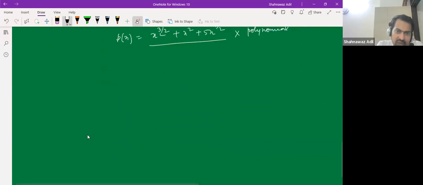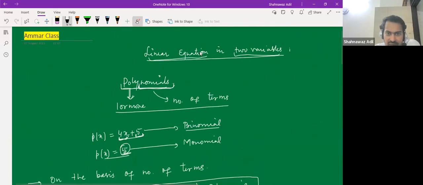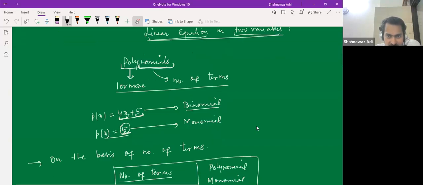Now the second attribute which I want to discuss is the degree of the polynomial. So this will tell you your answer. Remember, what was our goal? We wanted to define the linear equation, right? So now we will understand what the degree is.